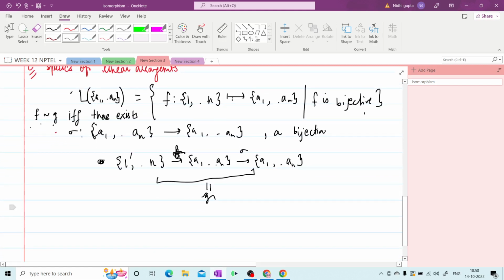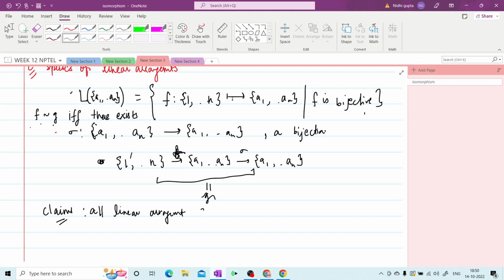Our claim is all linear arrangements are isomorphic.